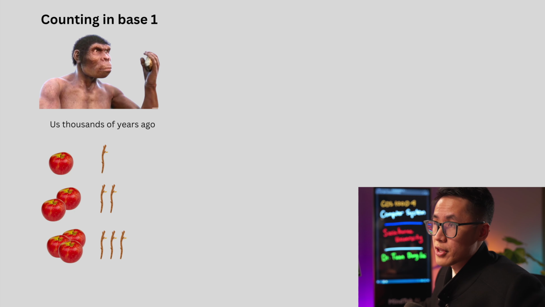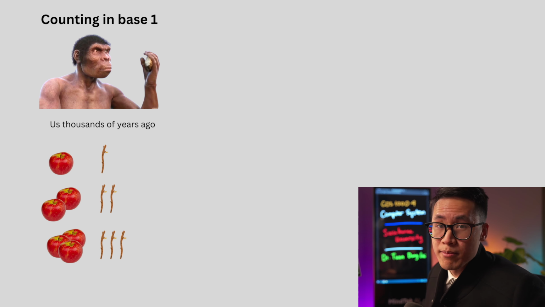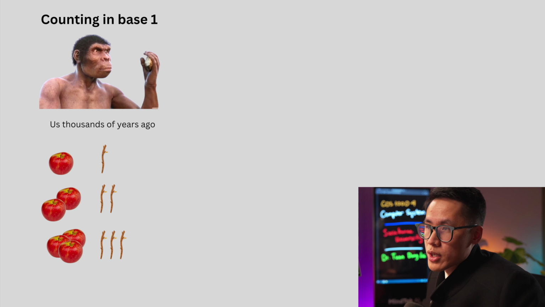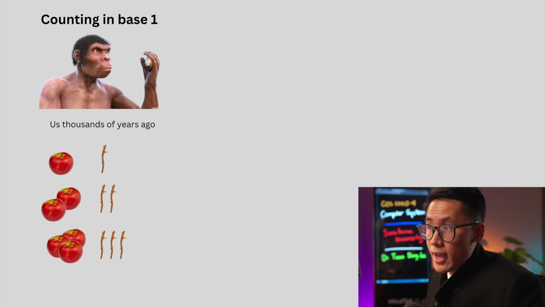Now to explain that further, let's say this is us 1,000 years ago, where we haven't discovered what a binary number is, or even what a decimal number is. Let's say we want to count how many apples we have, so that one person can tell another person how many apples they have.